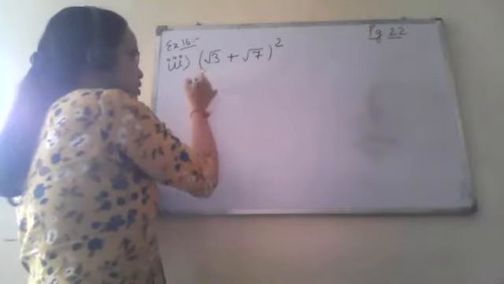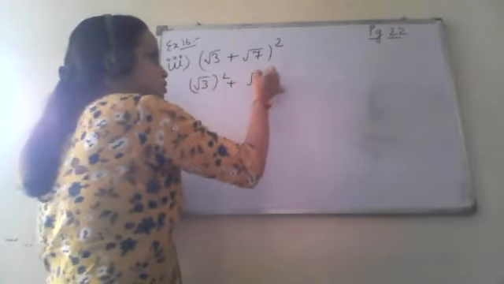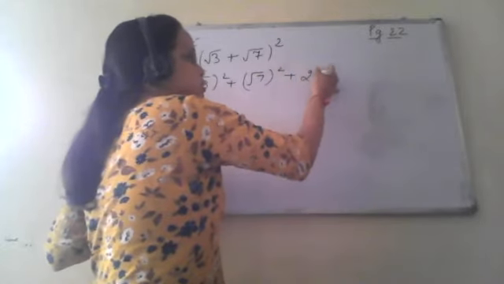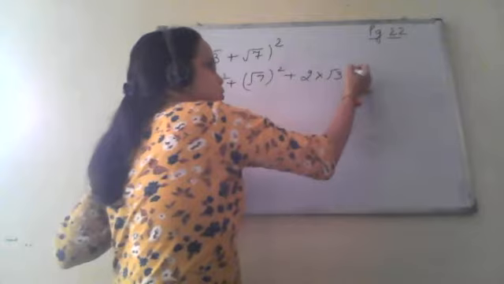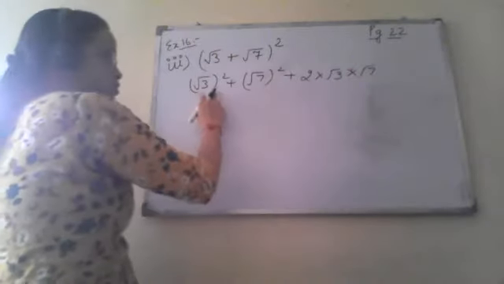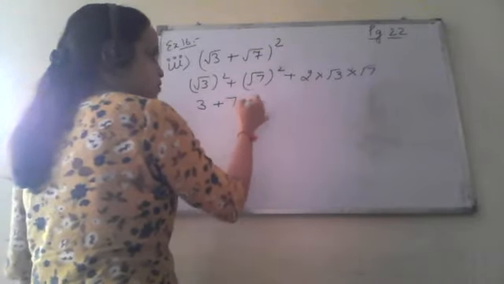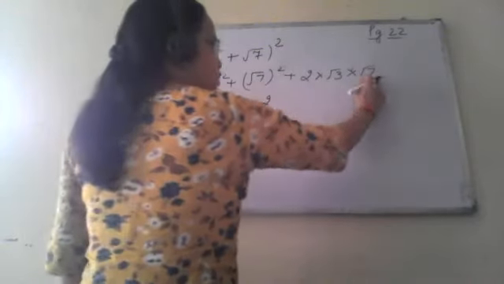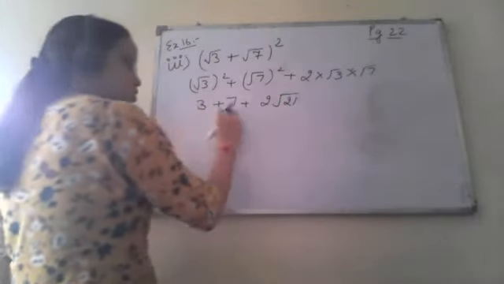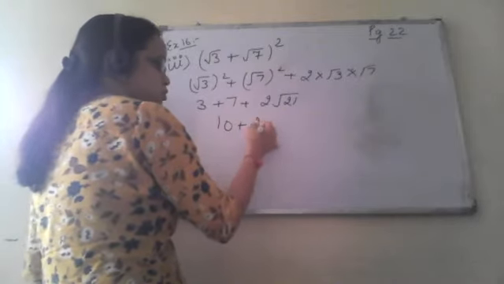So it is a square, that is root 3 whole square, plus root 7 whole square, plus 2ab, that is 2 into root 3 into root 7. So root 3 square is 3, root 7 square is 7, plus 2 into root 3 into root 7 will be root 21. So we can add 3 plus 7, this is 10, plus 2 root 21.